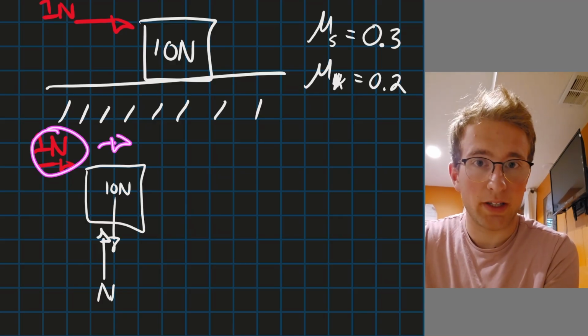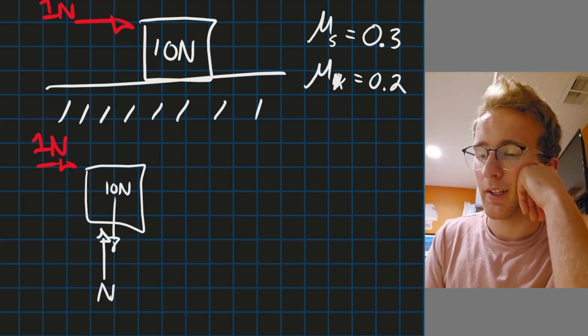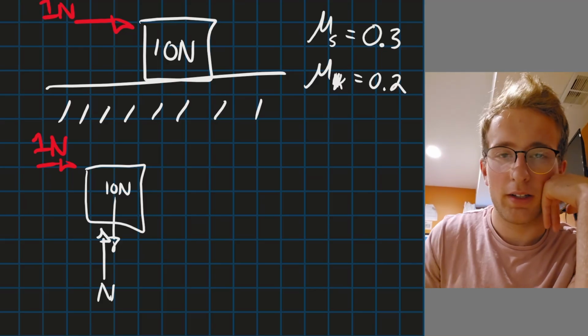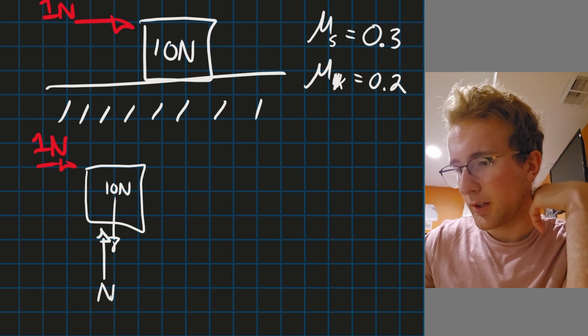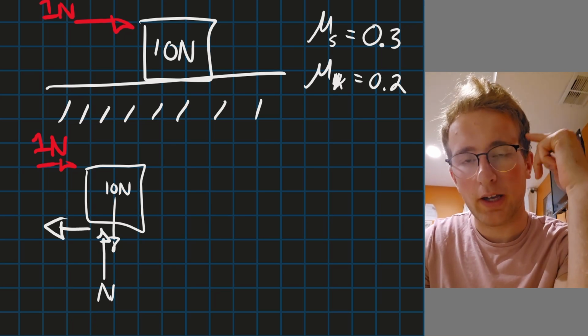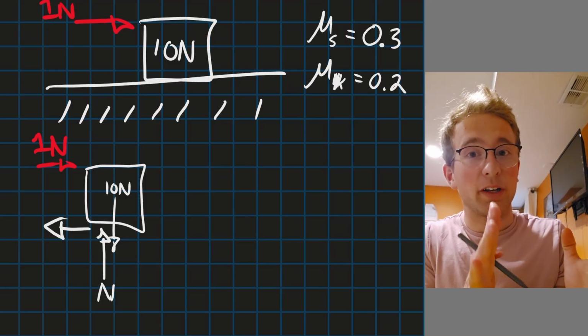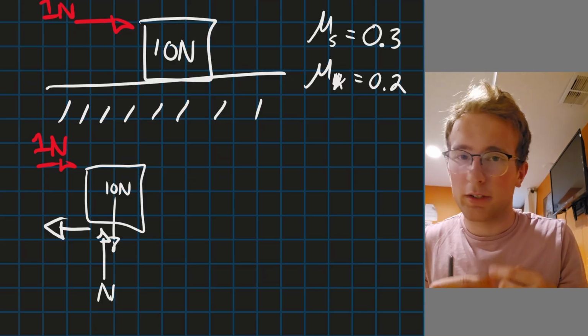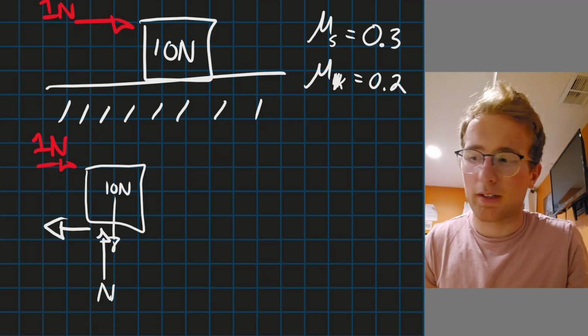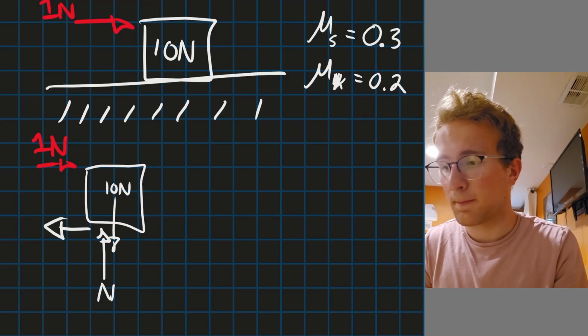There's nothing to oppose that, so the box wants to move to the right. So friction opposes that, so it is going to be a force to the left. Friction doesn't like that, so it applies a force to the left to oppose that.